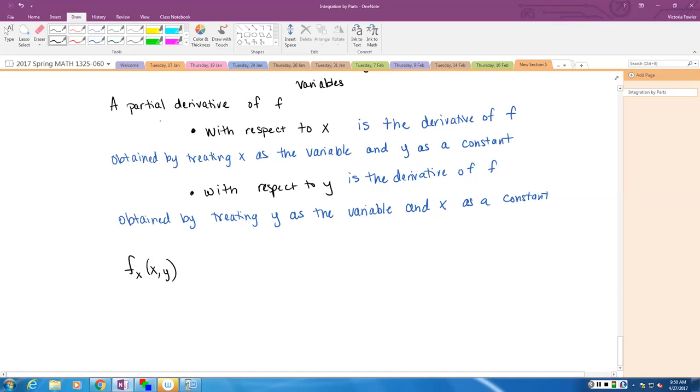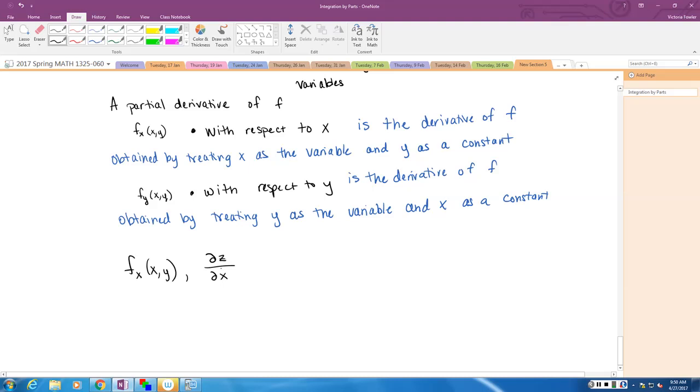So if you actually want to go up and put that next to where you have your definition, that's fine. So you could do the same thing where you're talking about the partial derivative of f with respect to y. You'll also see this del. It's kind of goofy. It's called a del. Del z over del x.